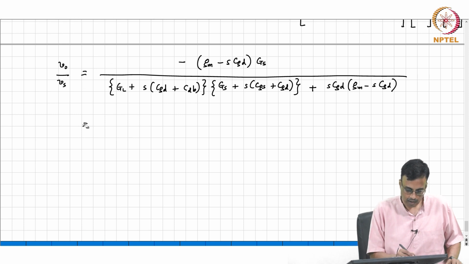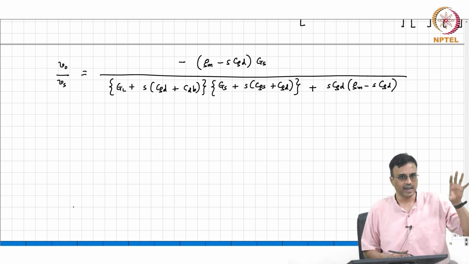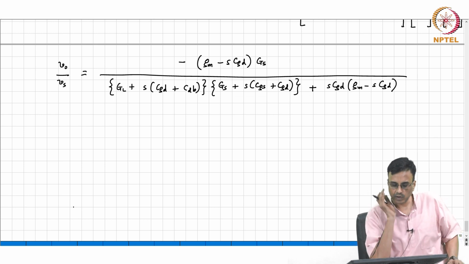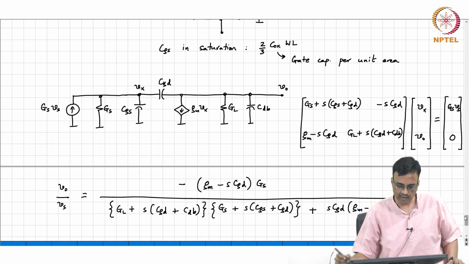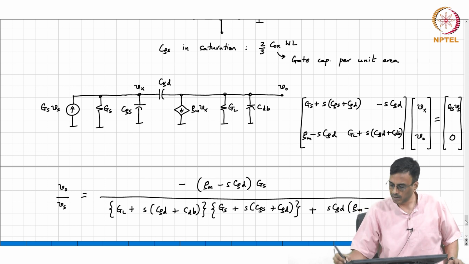So, the denominator, what all can we do? First thing, it's always easier to write it as DC gain multiplied by some. What is the DC gain? Sanity check, as S equal to 0, what should we get? I mean, stare at the circuit. What should we get at DC? Minus GMRL.